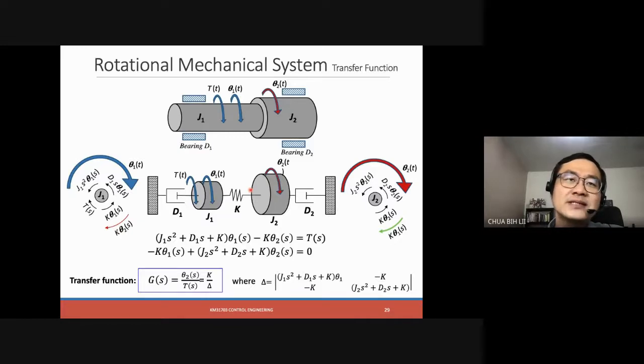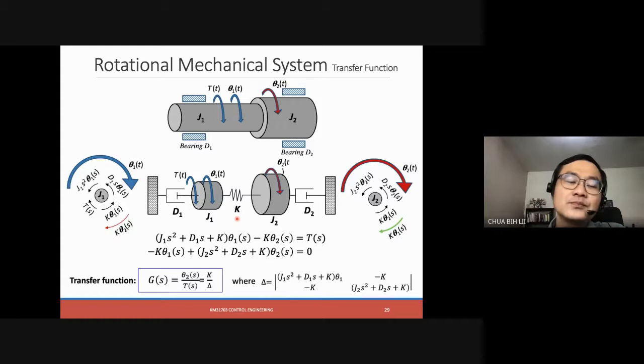One side may turn, then the other side will slowly follow later on. So we will assume this kind of characteristic along a very long shaft being replaced with a spring. This acts as a spring coefficient over here.